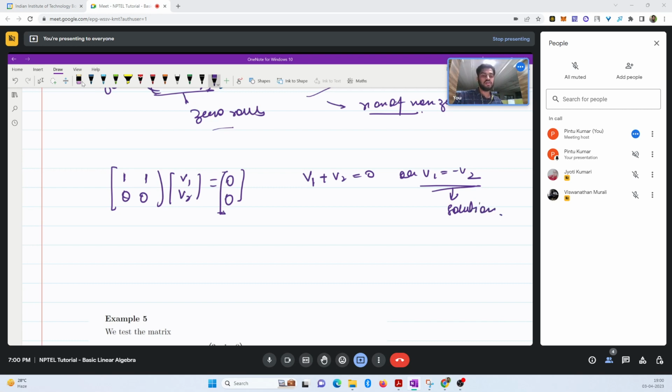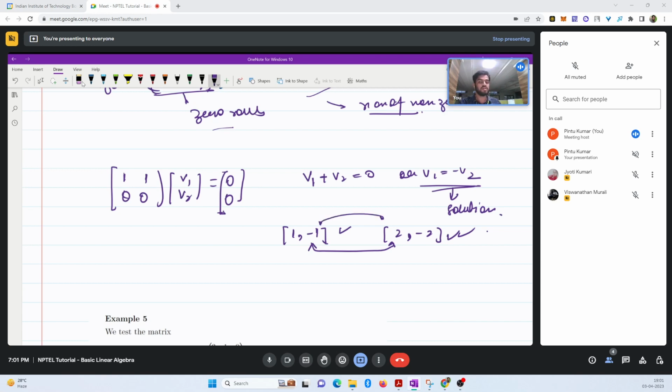Let's say you took 1 comma minus 1; you can clearly see that this is a solution. You can take 2 comma minus 2, this is a solution too, right? But these two are not linearly independent. These are multiples of each other, they are linearly dependent.